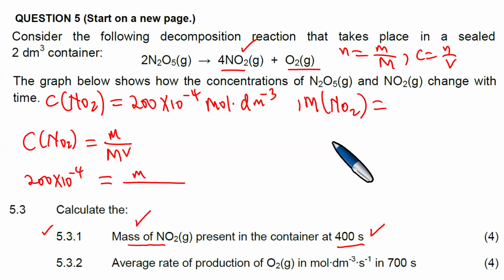I'm just going to give it to you now because I did not load the periodic table here, but obviously we know the periodic table very well. So the molar mass, capital M, of NO2.